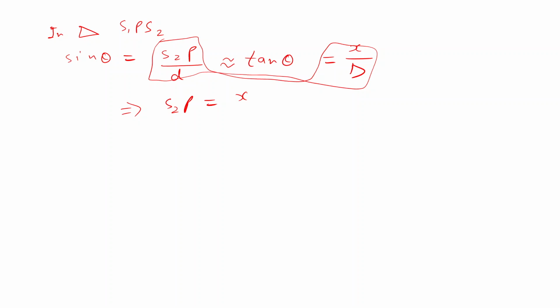So here we get S2P is X times small d divided by capital D.